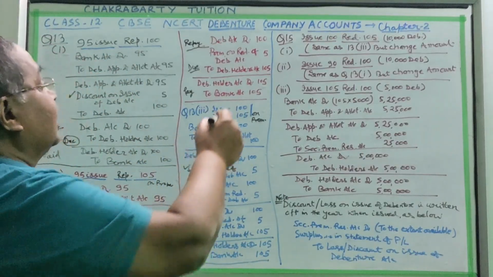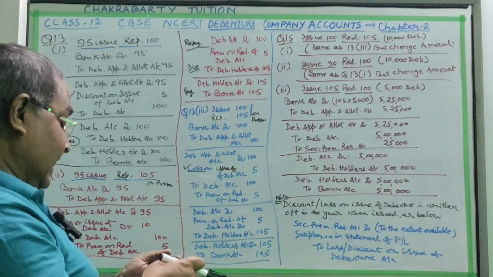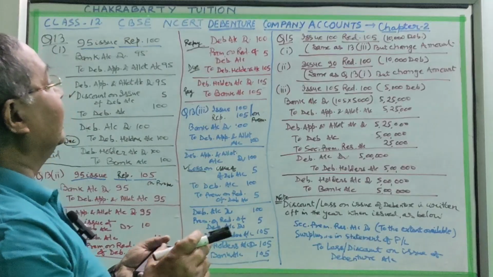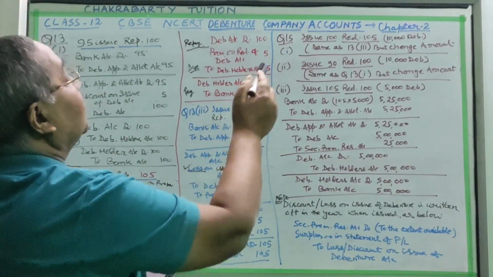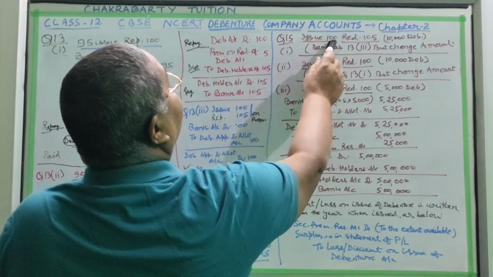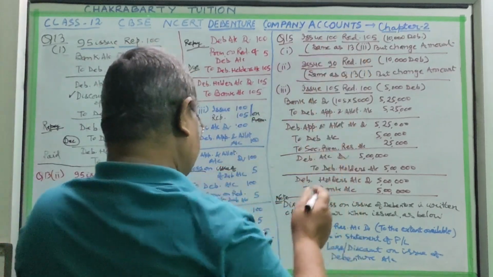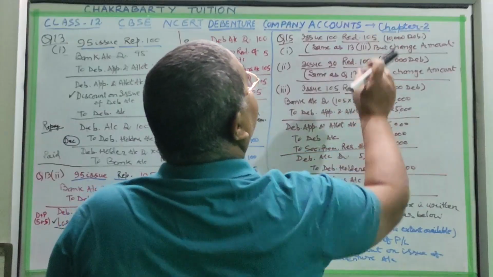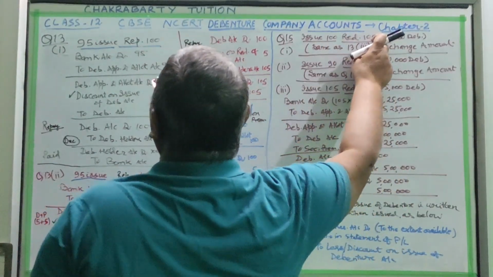Now we are covering question number 15, where more questions are there. Question 15.1: 10,000, 12% debentures of 100 each issued at par, redeemable at a premium of 5. At par means 100 face value issued at 100. So here you see issued at 100, repayment at 105.